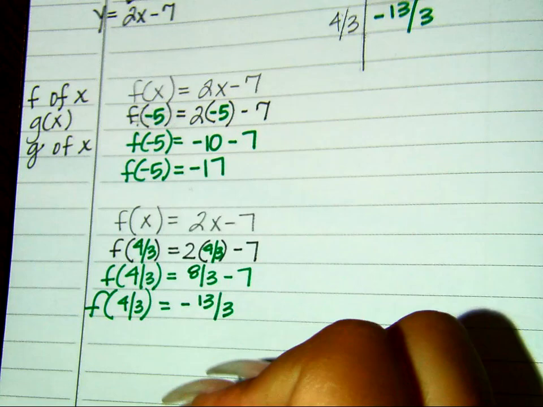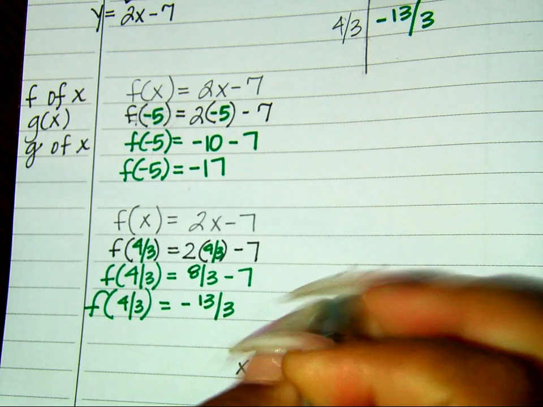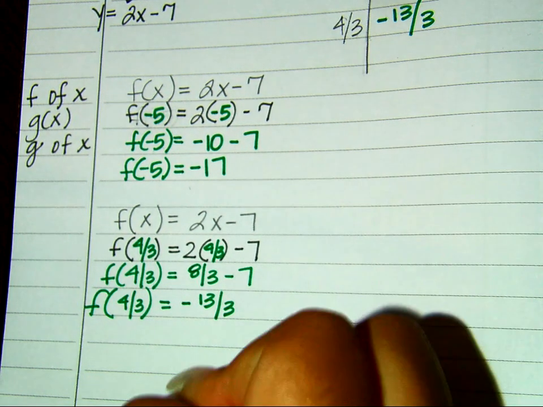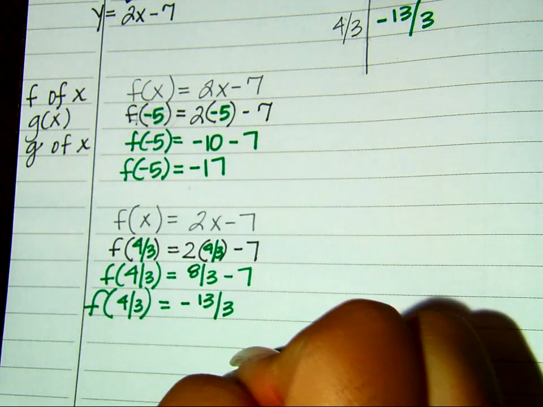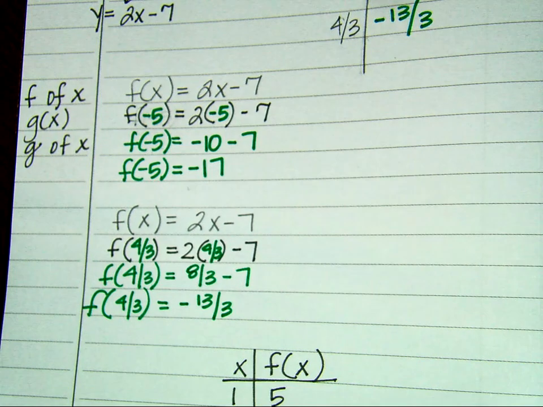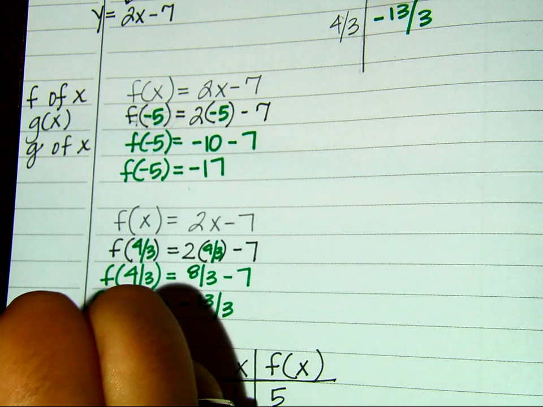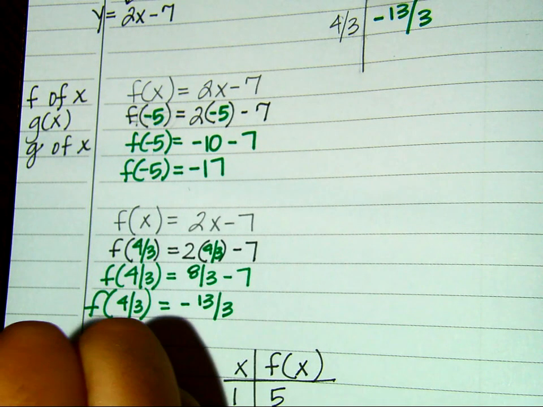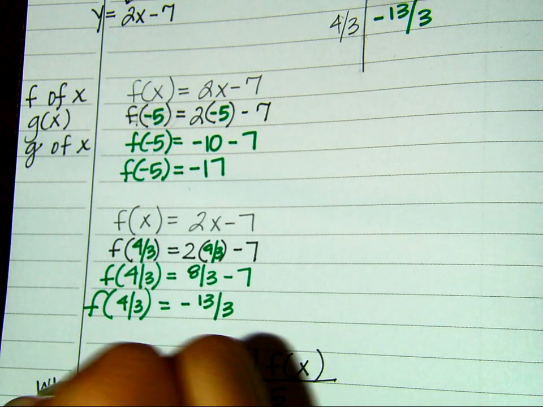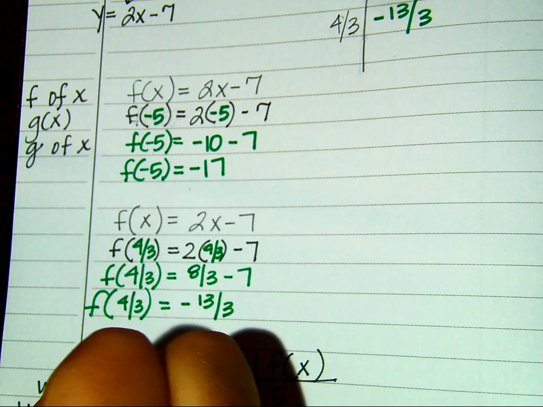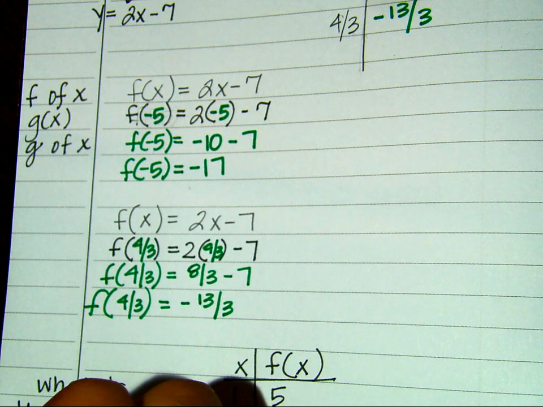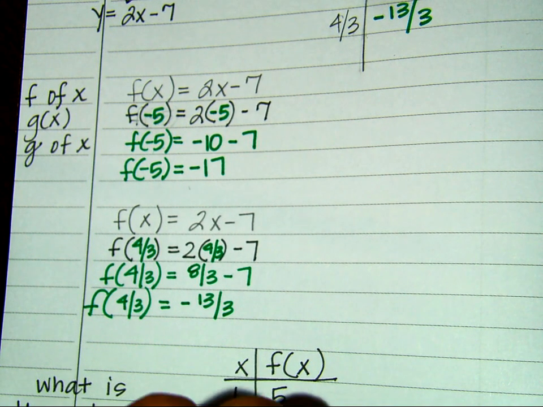What if I had a table and I said this question: what is the value for f of 3?